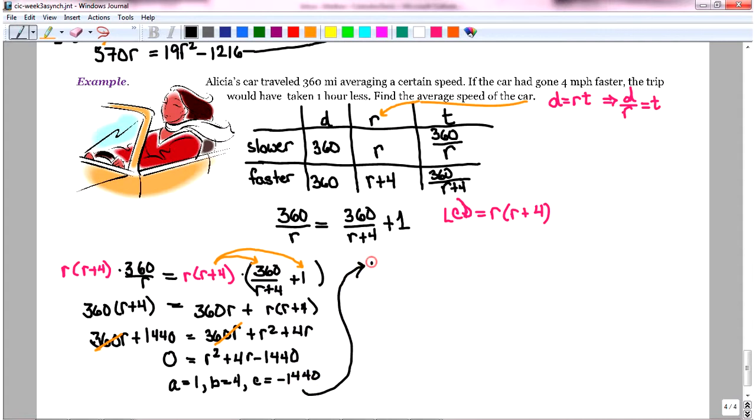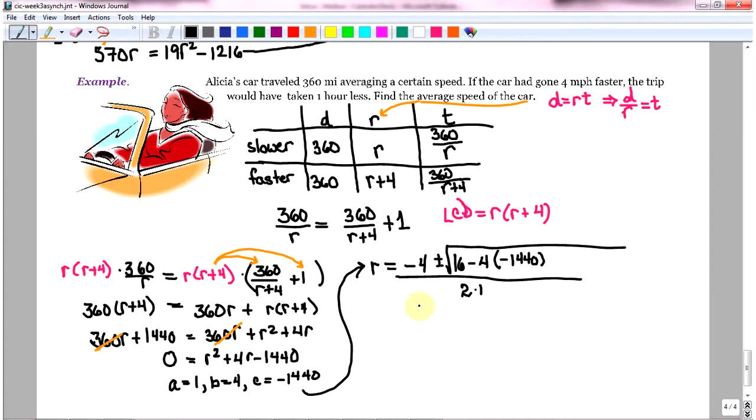r, will equal the opposite of b plus or minus the square root of b squared, which is 16, minus 4 times a times c, which is negative 1440, divided by 2 times a.